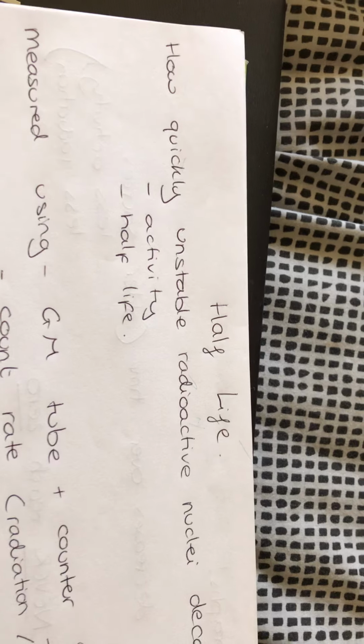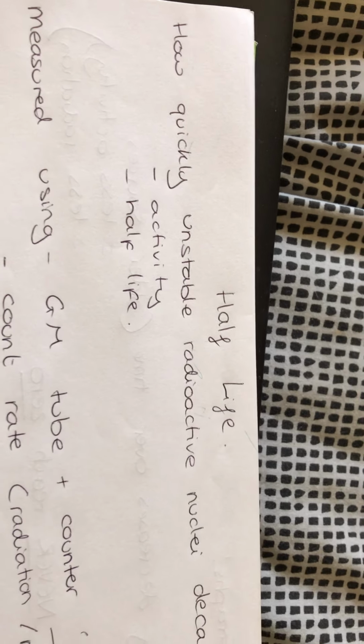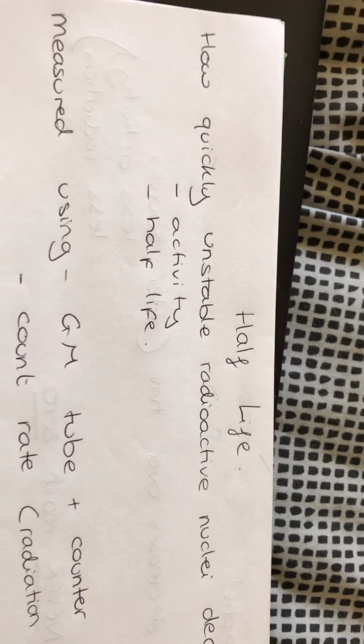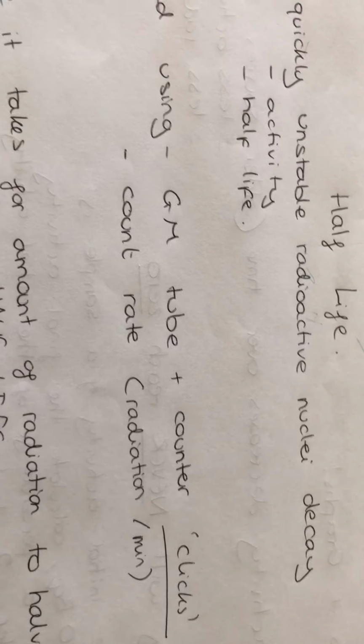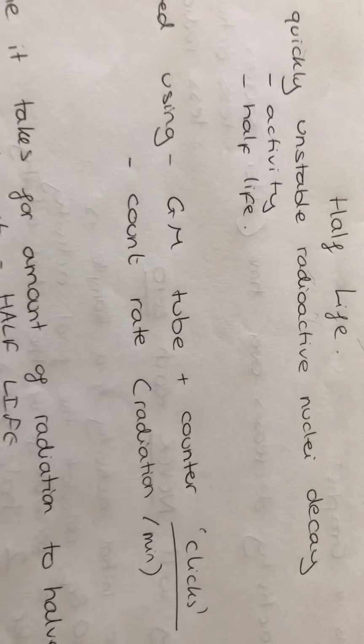There are two key terms that we need to look at. One is activity and one is half-life. We'll look at activity first. Radiation in general is measured using a Geiger-Muller tube, or GM tube, and a counter for short. If you've ever watched a movie involving radiation, you'll probably see a scientist wandering around with a little detector making a characteristic click, click, click noise.